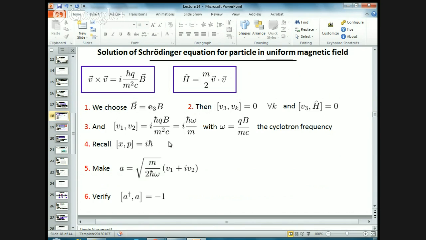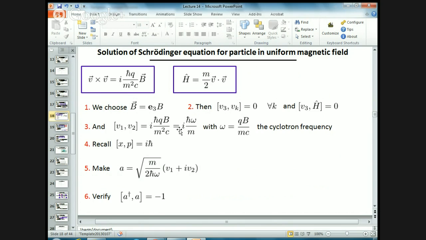Let's just synthesize the variables. The next step is I make an operator, which is like this. First of all, the Hamiltonian is quadratic in V1 and V2, and then V1 and V2 have a commutator that's imaginary. So that means it's a harmonic oscillator.